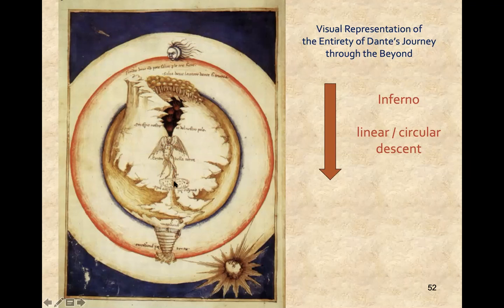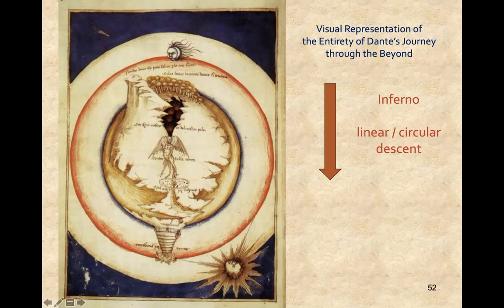And then, by following a little brook through a cavity in the bowels of the earth, they finally come out at the other end. They come out at the opposite end, at the antipodes of where the journey started.